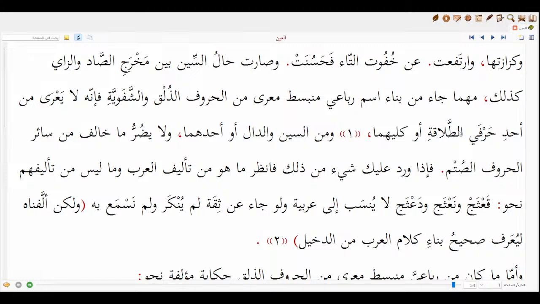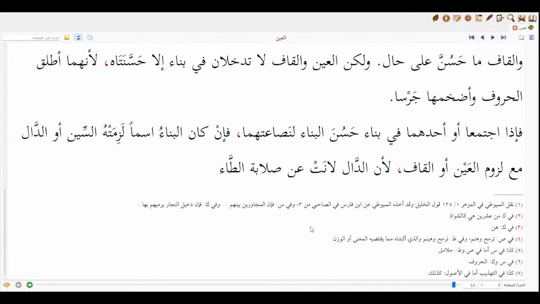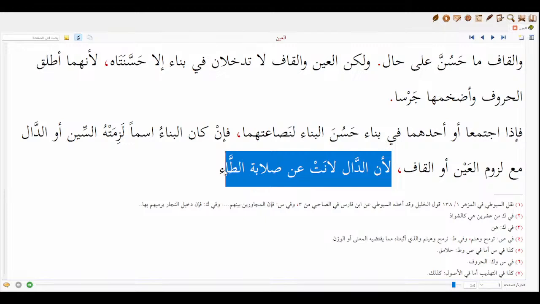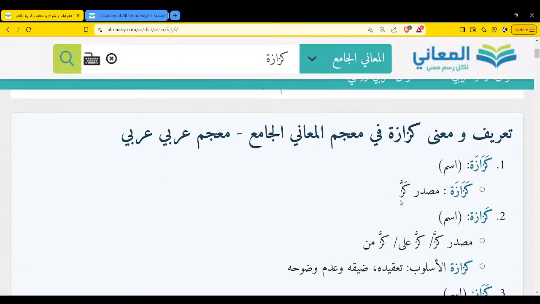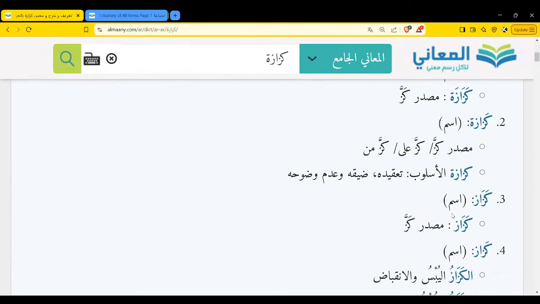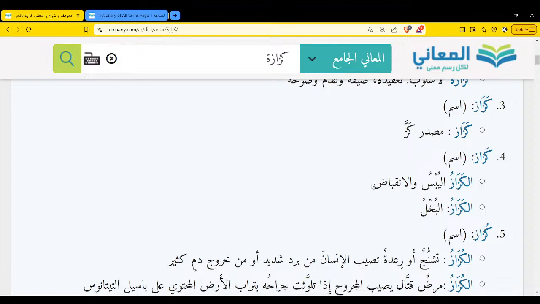وكزازتها وارتفعت. So let's see كزازة, and retranslate that. He's saying because the dal is softer than the hardness of the ta, and softer than the kazazah of the ta. Let's see what kazazah means. Kazazah: اليبس والانقباض.